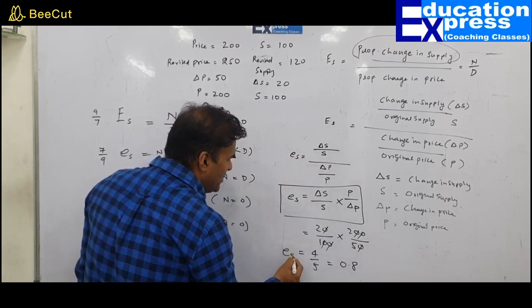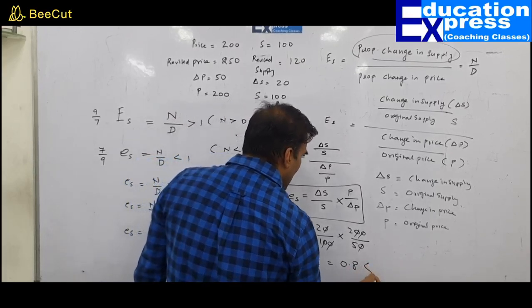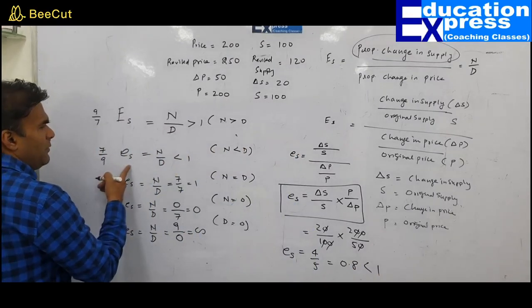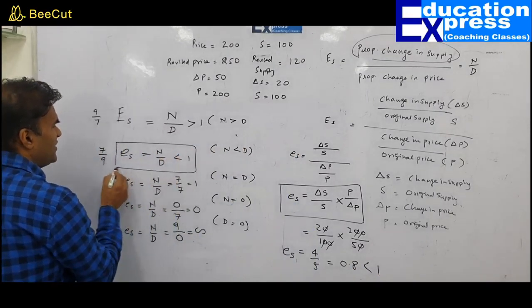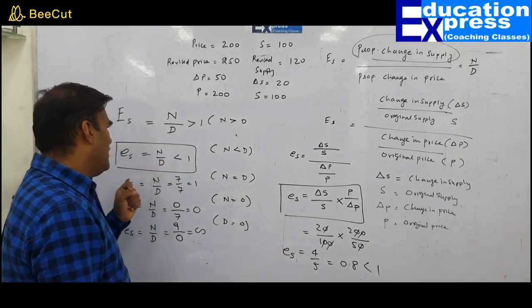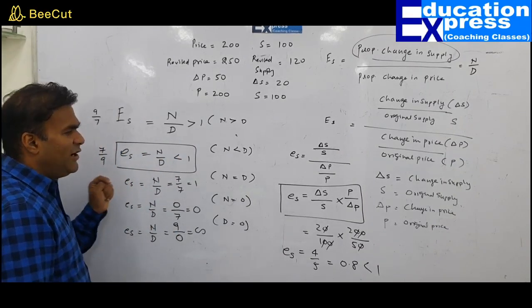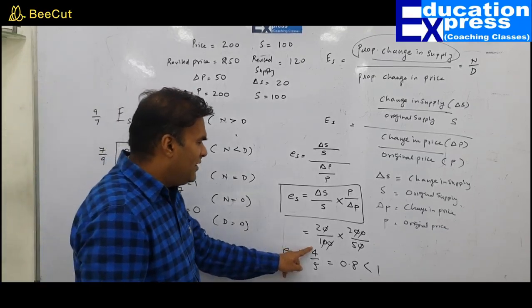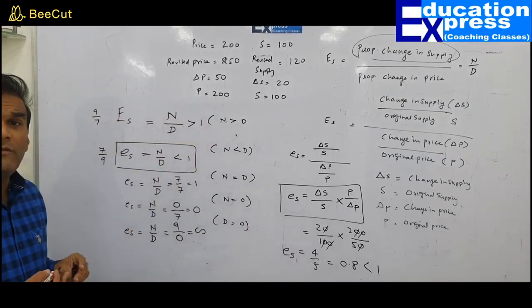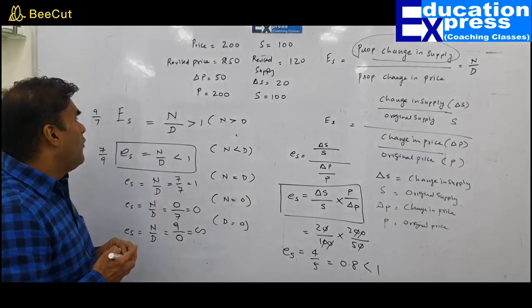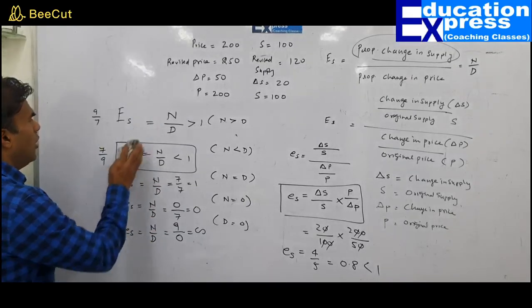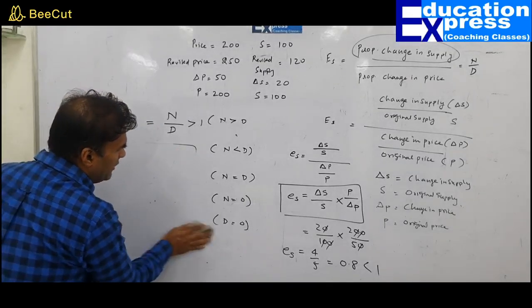That means elasticity of supply is less than 1. I hope you remember, this is possible when the numerator is lesser than denominator. Later on we will interpret the value of each of them and what we should be calling them. So this was a simple numerical example.